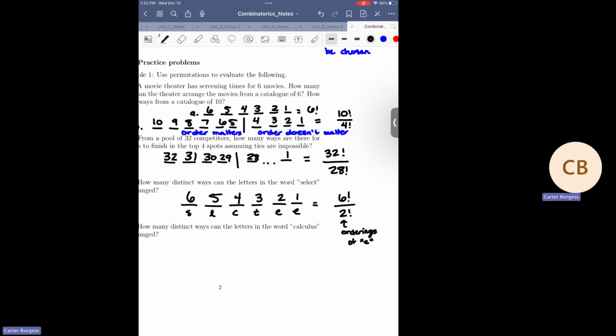You can simplify if you want to. I'm also fine with you leaving it as 6 factorial over 2 factorial. Don't say that that's 3. It's definitely not 3. 6 factorial is 6 times 5 times 4 times 3 times 2 times 1. 2 factorial is 2 times 1. So this number is 6 times 5 times 4 times 3.